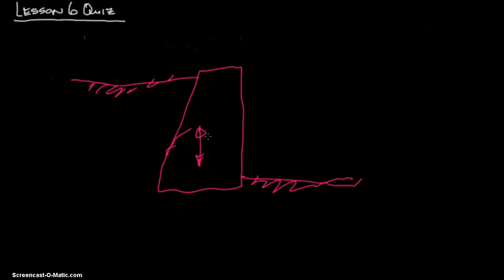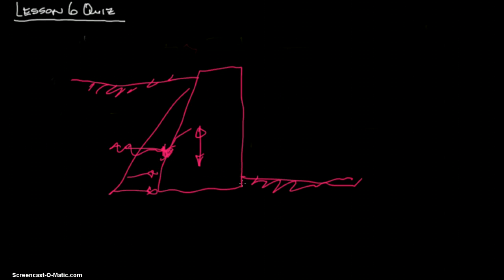So we know that the weight is a force, and it's going to go through the center of gravity, and therefore you can work out your moment arms. You can figure out your equivalent pressure force from the earth wedge. It's going to be like that. That's your equivalent pressure. And you have to figure out your moments and make sure it's not going to fall over. That's pretty much as easy as it gets.